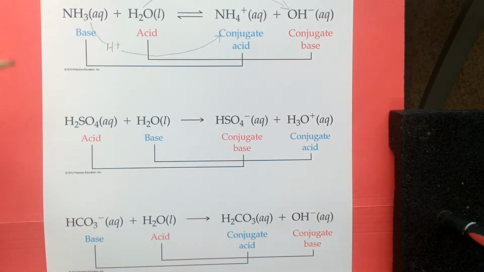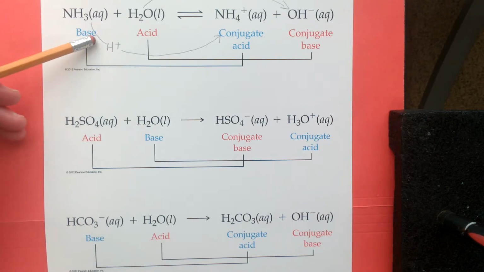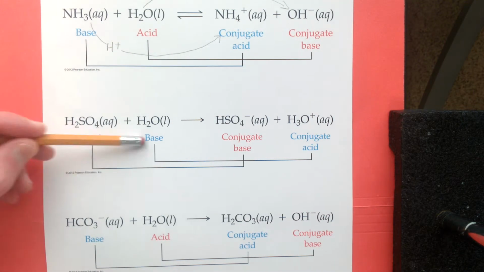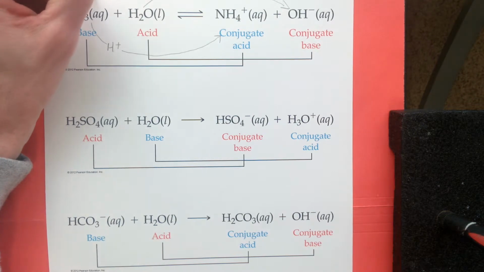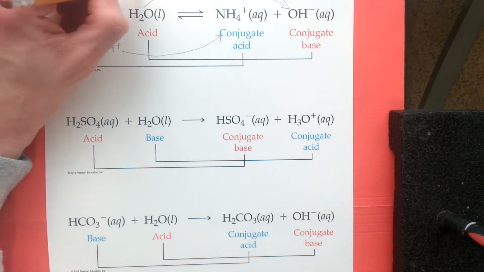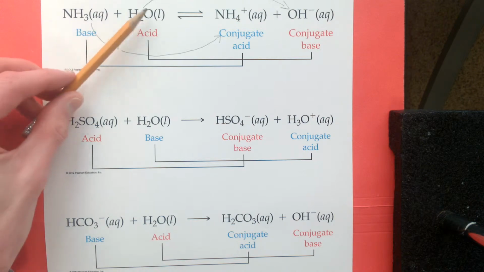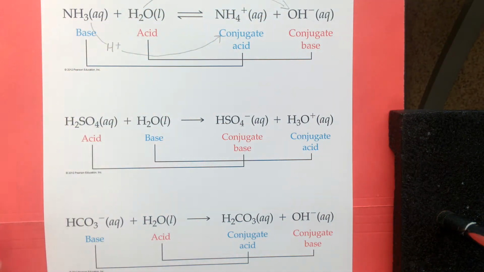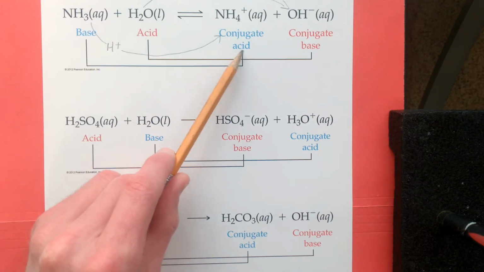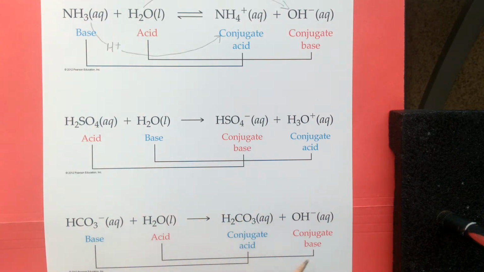So in the Bronsted-Lowry theory, you have the original reacting acid and base pair on the left side of your reaction, because those are your original reactants. As they go through the reaction and the acid donates the H plus and the base receives it, you produce a new species of acid and base called the conjugate acid and the conjugate base.